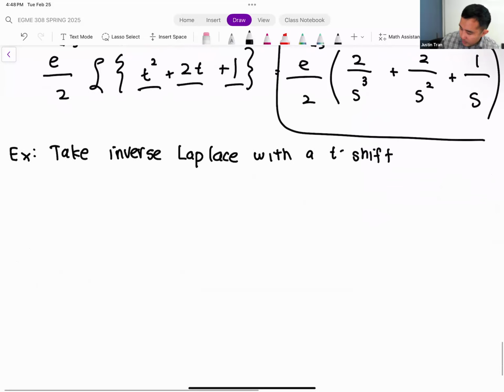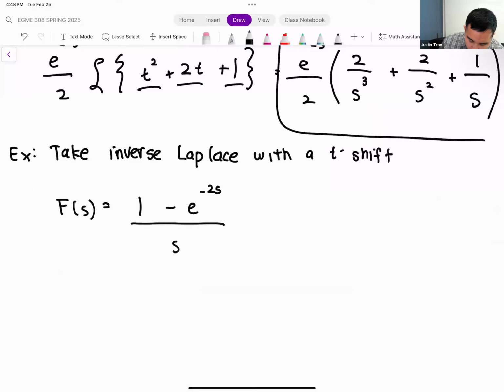Okay, so let's say we have a function in the Laplace domain. So we have F of s is equal to 1 minus e to the minus 2s, all divided by s squared. And so we want to take the inverse Laplace of this function.